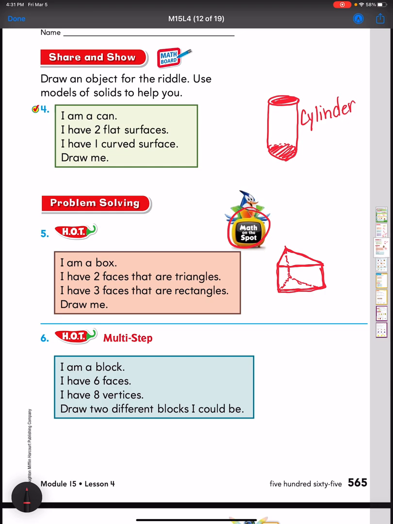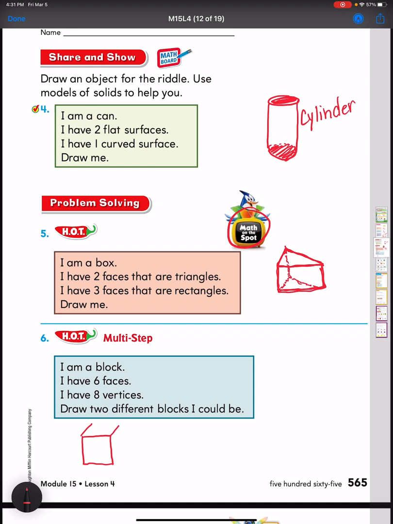All right. Number 6, I am a block. I have 6 faces. I have 8 vertices. Draw 2 different blocks that I could be. Remember, vertices, that's where all of our edges come together. So, 6 faces. So that could be a cube. A cube has square faces.